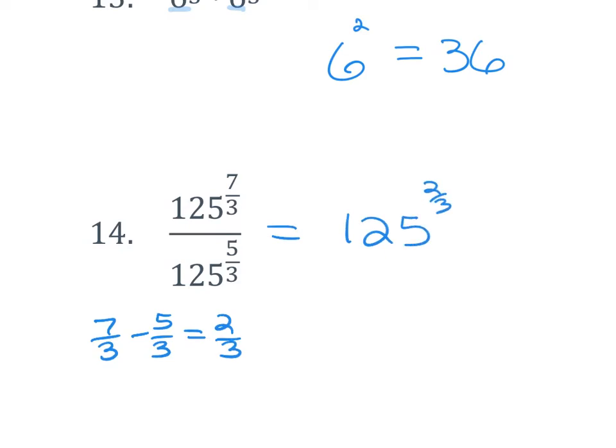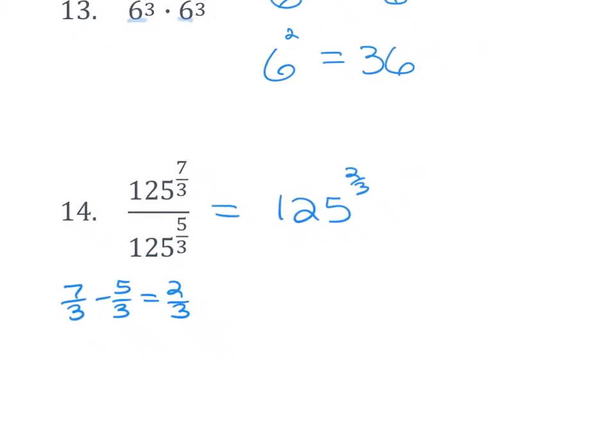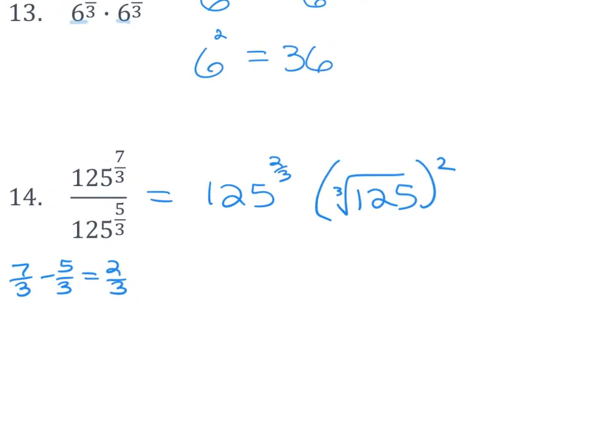We subtract those exponents, and now we can evaluate this. Again, the 3 is the root, the 2 is the exponent. The cube root of 125 is 5. Raise that to the second power, and I get 25.